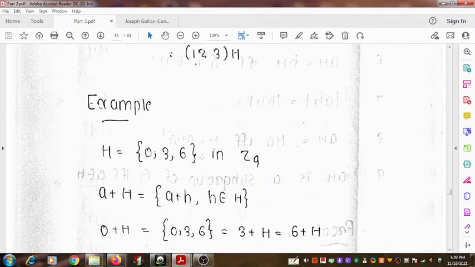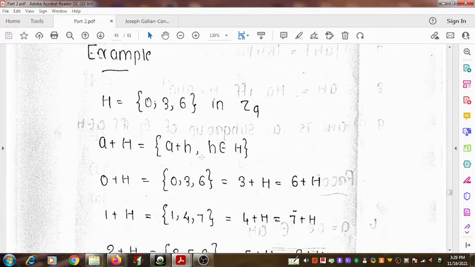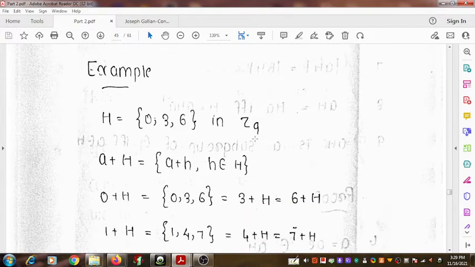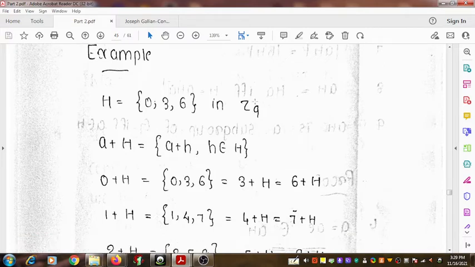Then we are now going to see another example. Here we consider G equal to Z9. In this example we take G equal to Z9. That is the mother group is Z9, and its subgroup is H equal to {0, 3, 6}. Actually it's a cyclic group also.